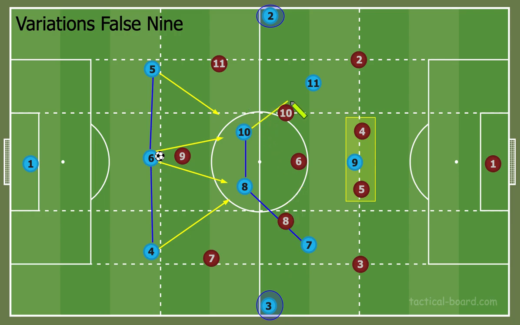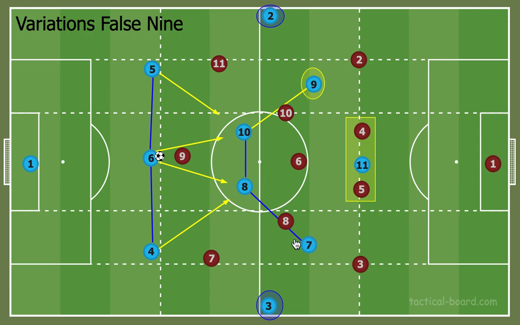So now we have our false 9, who I'm just highlighting here. I'll switch the players out so he's actually the 9. So now we have our new attacking midfielder, or our false 9, and so now our wing backs put the wide fullbacks into a situation where they have to make a decision.